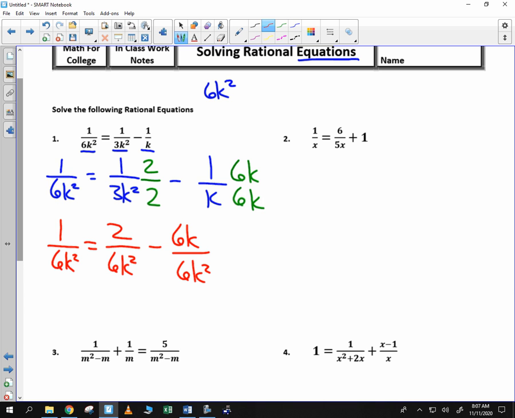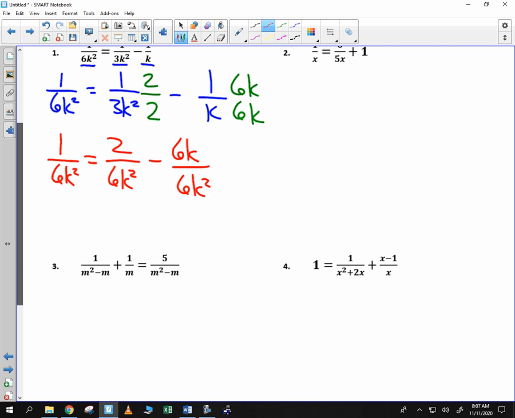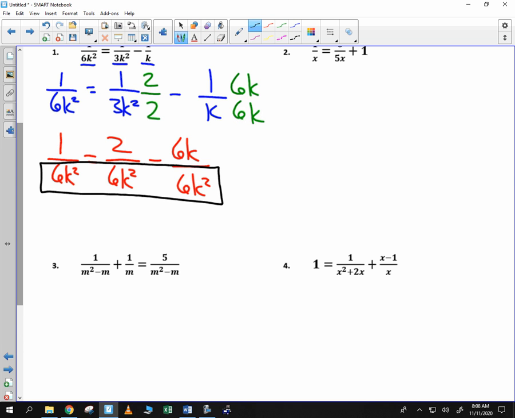I know it looks really challenging at that point. And the 6k squared is actually something that we can now ignore. We don't need to look at it at all. If the denominators are the same, then we can simply ignore them and just focus on the numerator.